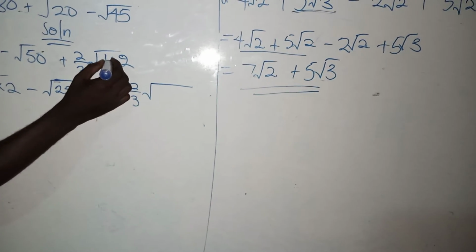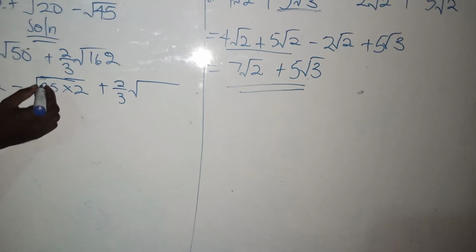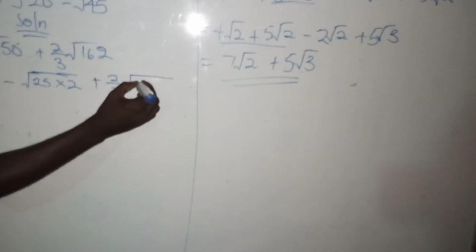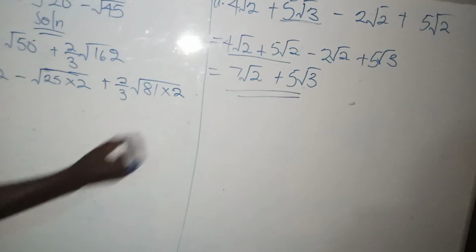This is 162. Which perfect square multiplied by 2 gives 162? 81 times 2.